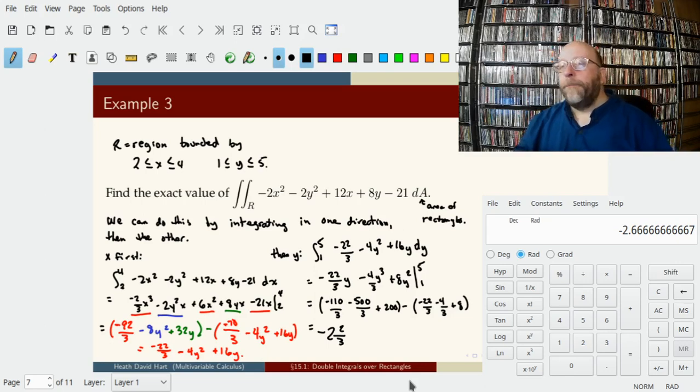Okay. But we've calculated the exact value of this integral by integrating in one direction and then integrating again in the other direction.